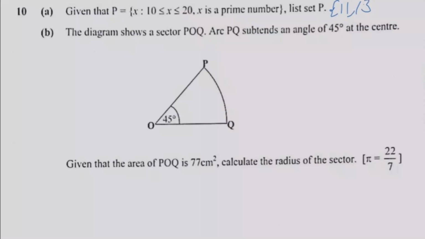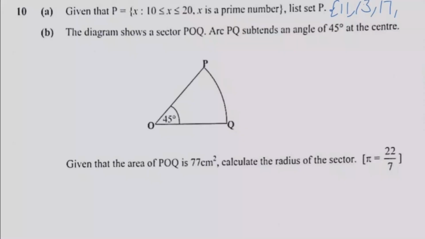It has many factors. 15 as well, 16 as well. 17 has only two factors, 1 and itself, so we write 17. Then 18 has many factors, 3, 6, those factors, they are more than 2.